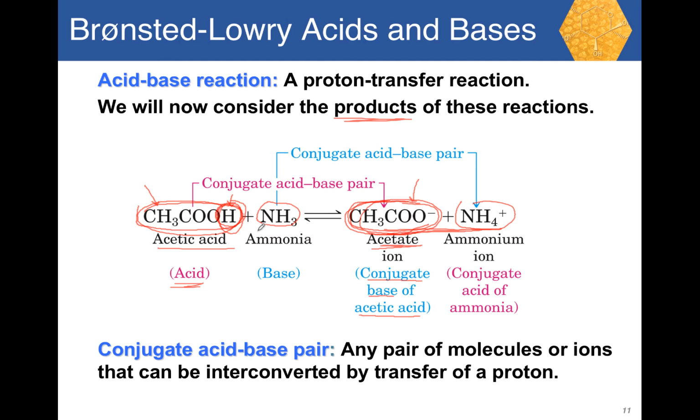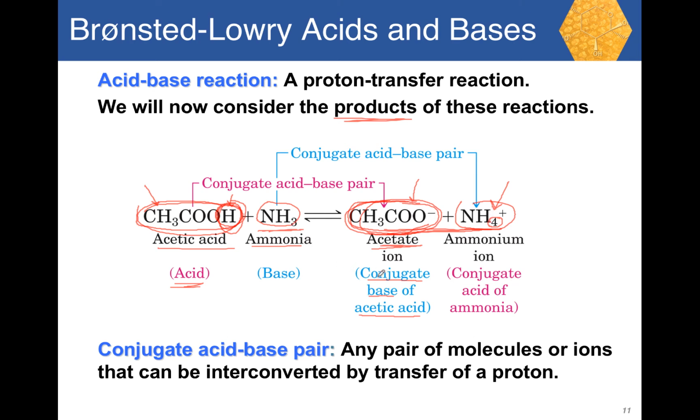Here is ammonia, NH3. In the product, it's NH4. The difference between the NH3 reactant and the NH4 product is that the product has an extra hydrogen, so it has acquired a hydrogen to make the product.